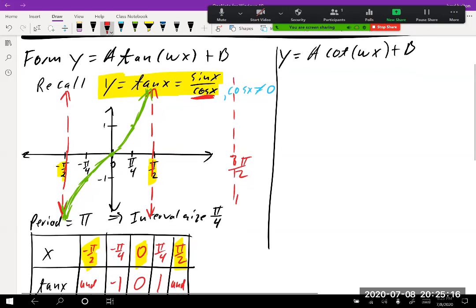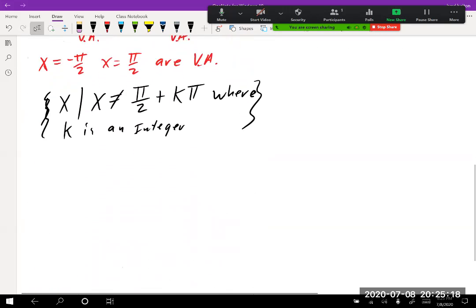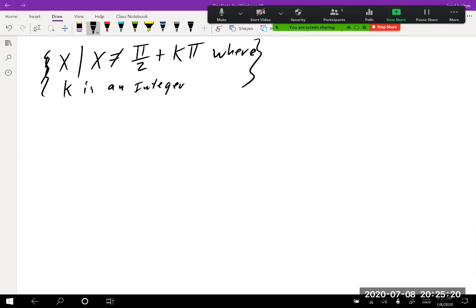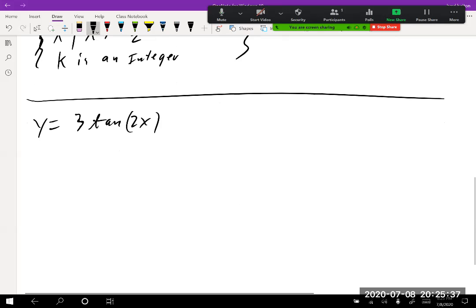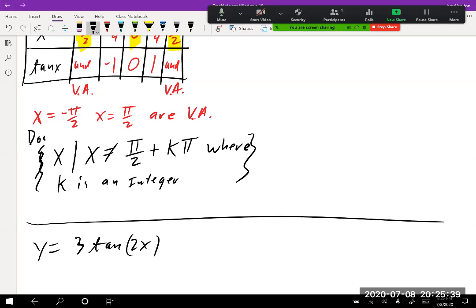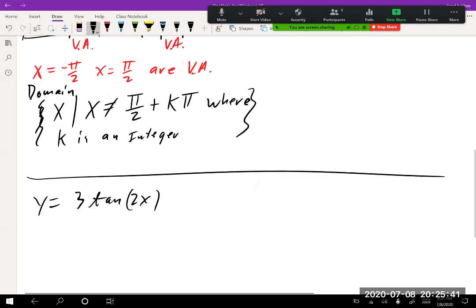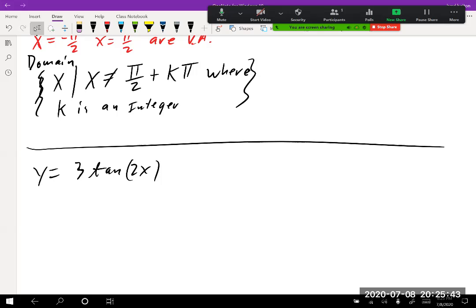Okay. So that's tangent. So let's look at one of these from your book where they want you to do y equals 3 tangent 2x. Okay, so what we're going to do is, and this is the domain, they're going to ask us to graph it.